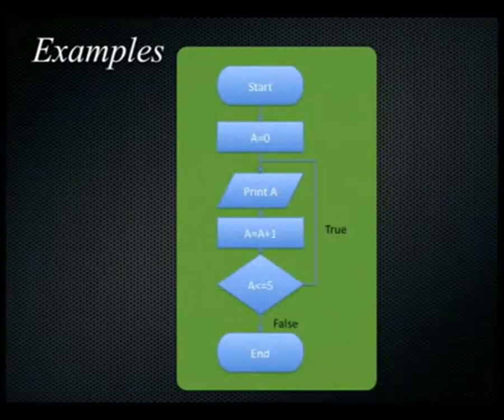If it is, we go back up to print A. So we print the new value of A to the screen, increment it again, and check again. If it isn't less than or equal to 5, so in fact the value of A is 6, then of course we end. So when you run this flowchart, you get the values 0, 1, 2, 3, 4, and 5 printed to the screen.